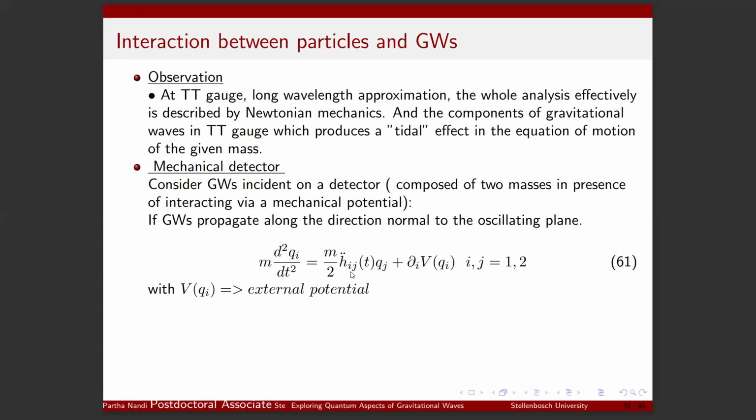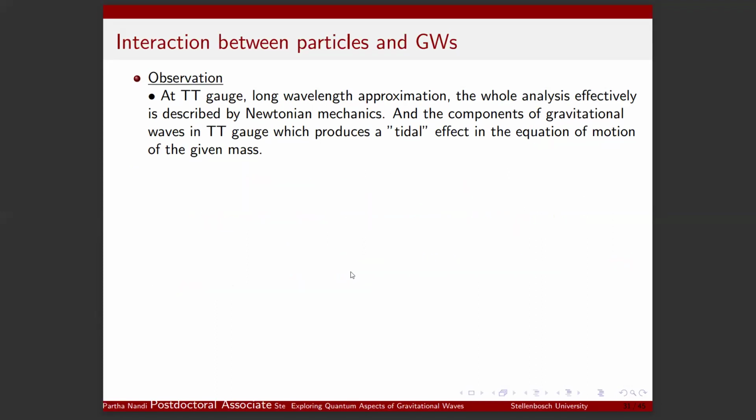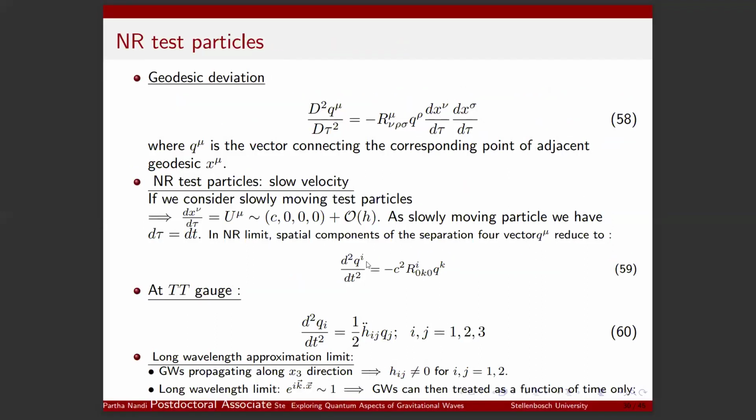Now, if we consider a mechanical model instead of a free test particle, a mechanical model incorporating some mechanical potential, then the equation of motion, since we considered the relative motion of free particles, has acceleration on the left hand side and the force term on the right hand side.